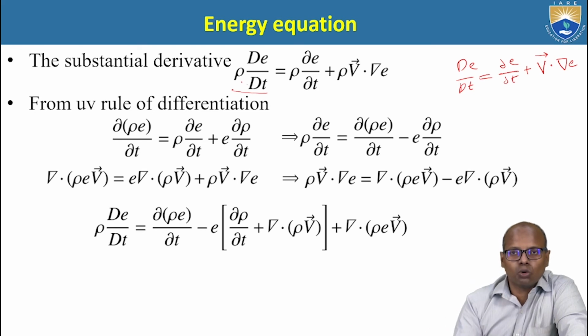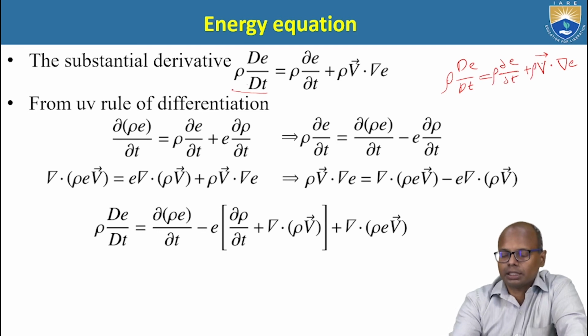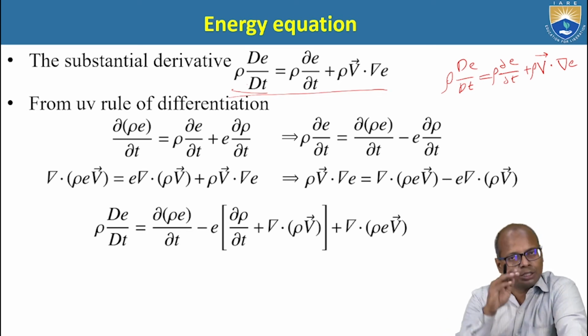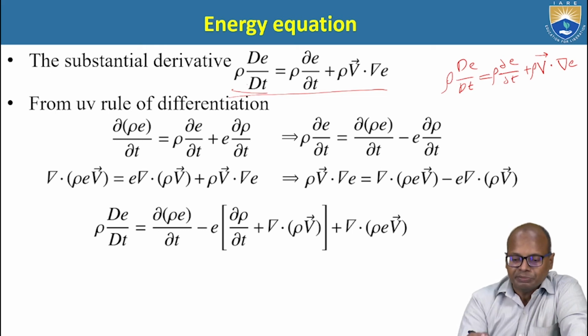Now I had a rho multiplied here, so I have to multiply here rho, rho. Like this I am getting from the substantial derivative. This is the same thing we did in the continuity equation also, in the momentum equation also. We are doing similar things only, so we don't have to worry much. If you understand the procedure, it is very easy to remember.